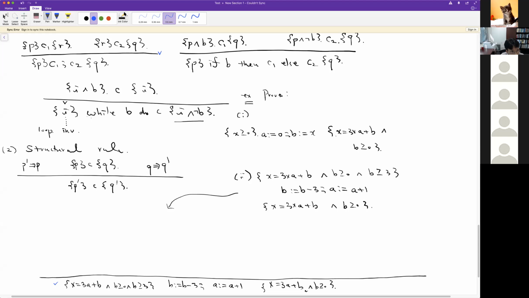So if you run the program backward, first we take care of the second command. I'll just write it like this. We have the same postcondition and we have an assignment.